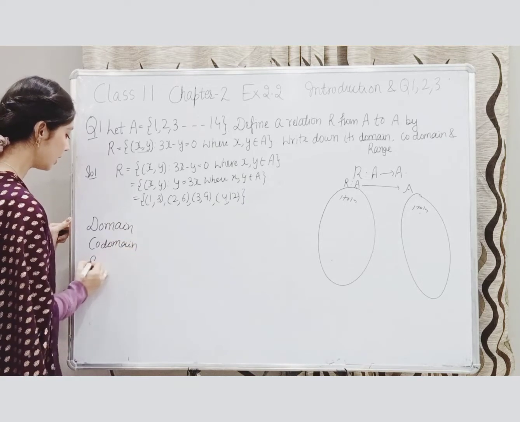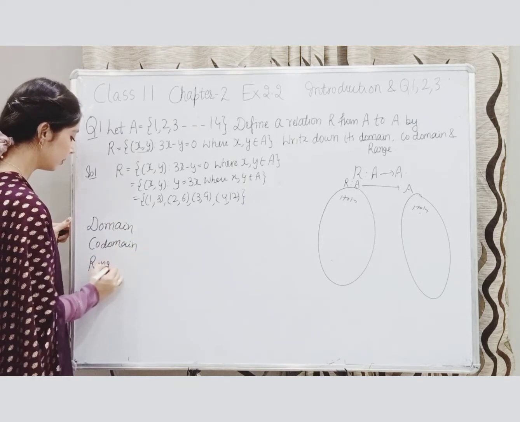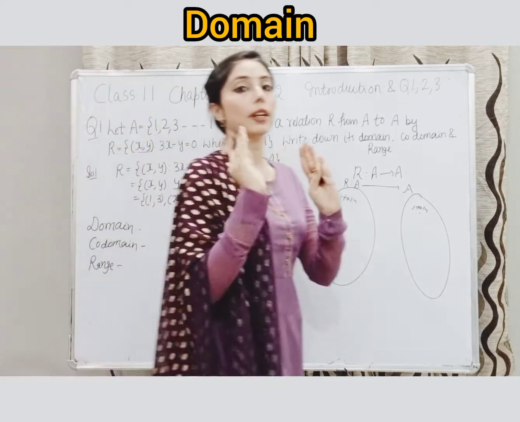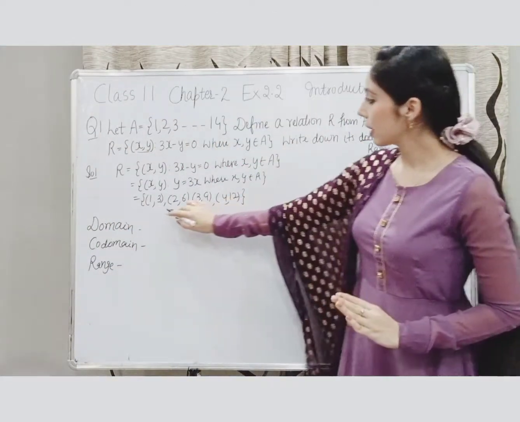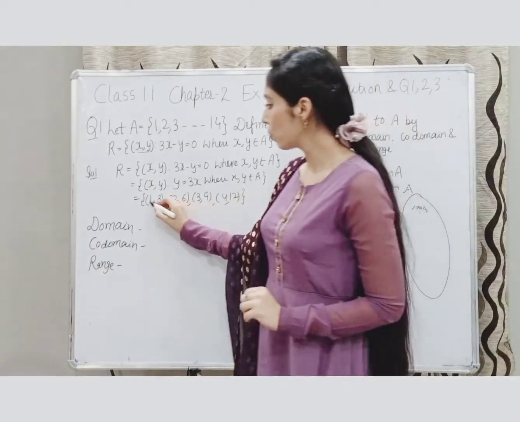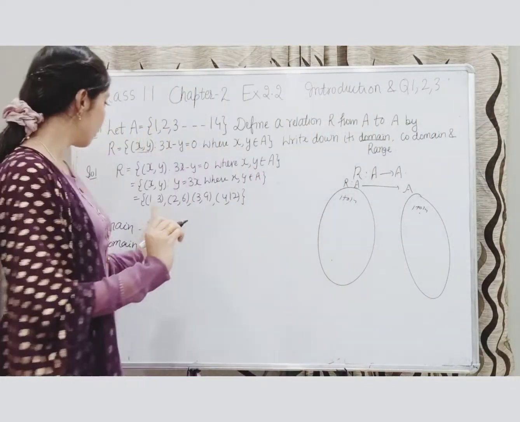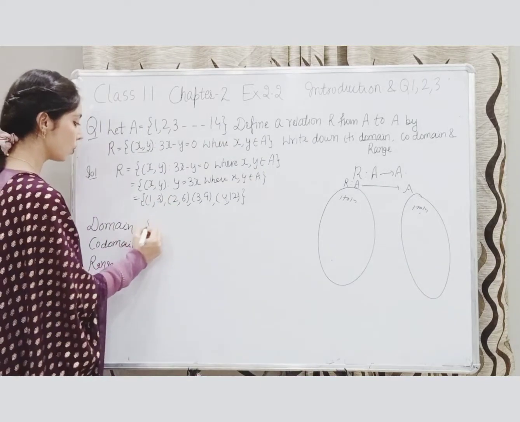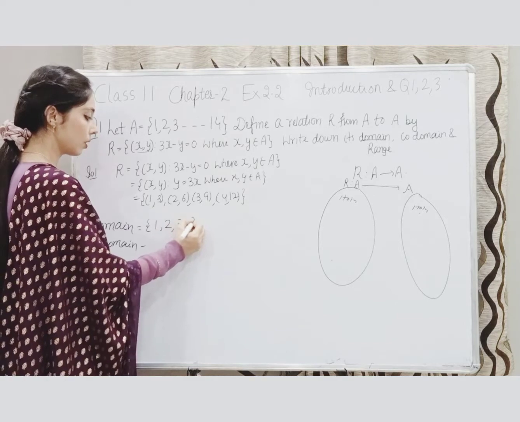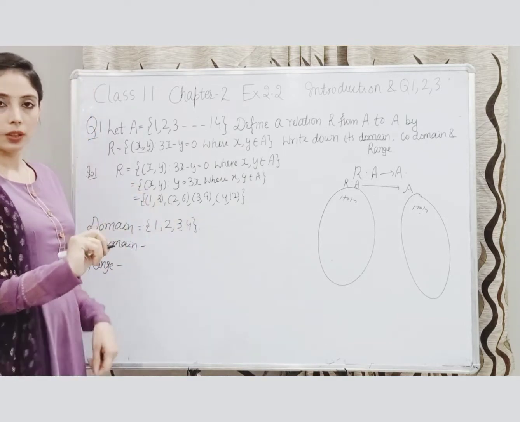We have to find these 3. What is domain? Domain is the first element of ordered pairs in the relation. In R we write the first elements of the ordered pairs, so we have 1, 2, 3 and 4. This is the domain.